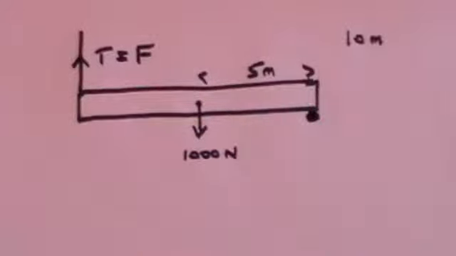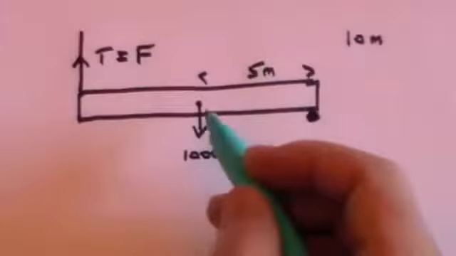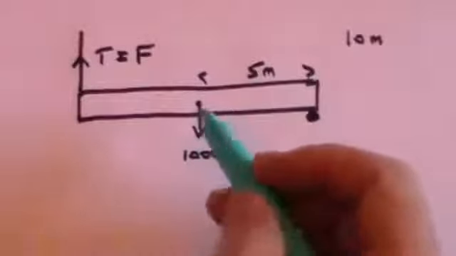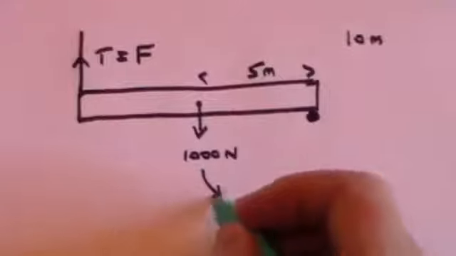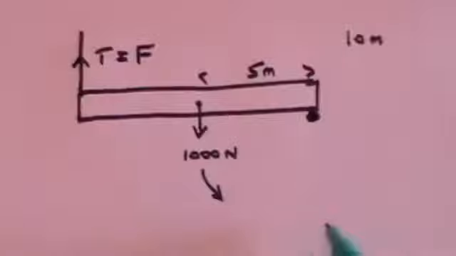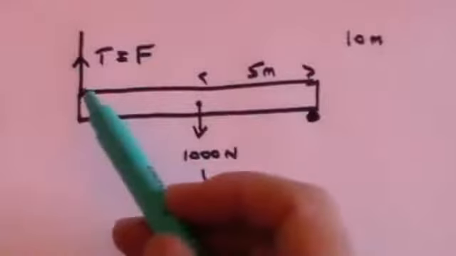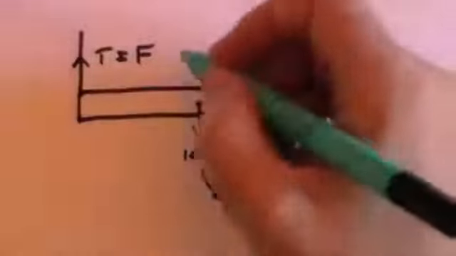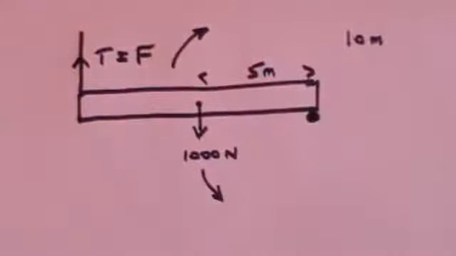And if that's going to balance, then the moment of the force which is tending to make the whole thing swivel in this direction has got to balance the moment of the force that's causing it to turn in that direction, and if the two are equal, then the girder will remain stationary. So what are the moments of the forces?